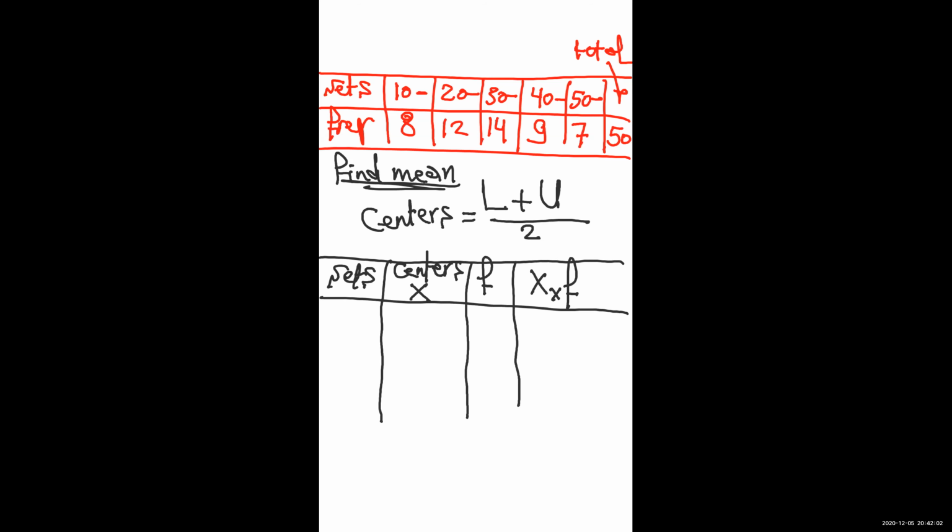The first sets are 10, 20, 30, 40, then 50. Then here I will add one more field for the total.